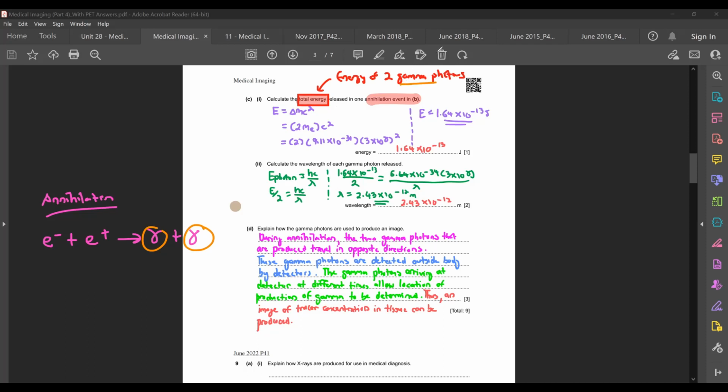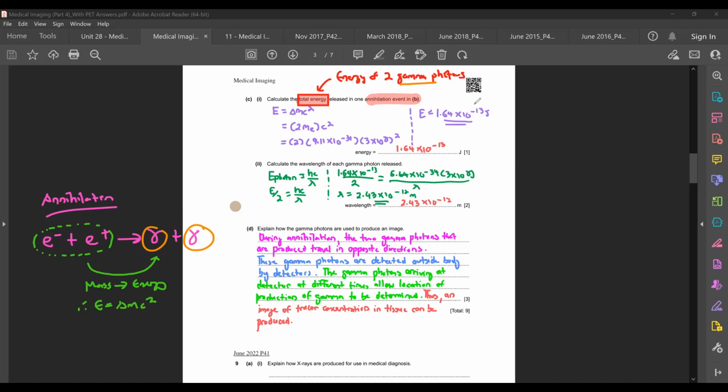During annihilation, your electron and positron annihilate each other, their masses disappear and are converted to energy. Therefore, you can use E equals delta m c squared.